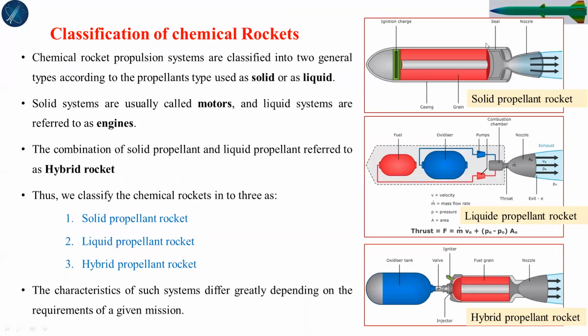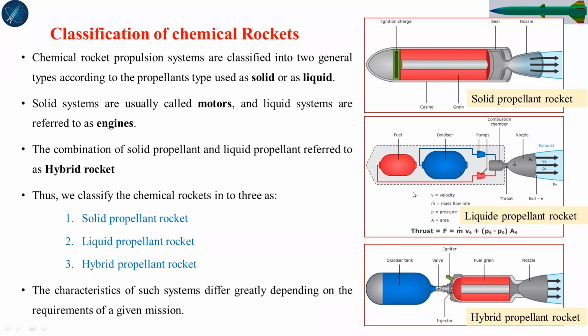So this is the solid one, this is the liquid one, and this is simply the combination of the two. Okay, so it contains the oxidizer tank from the liquid, and it contains the fuel grain from the solid. So solid fuel and liquid oxidizer give us a hybrid propellant rocket.